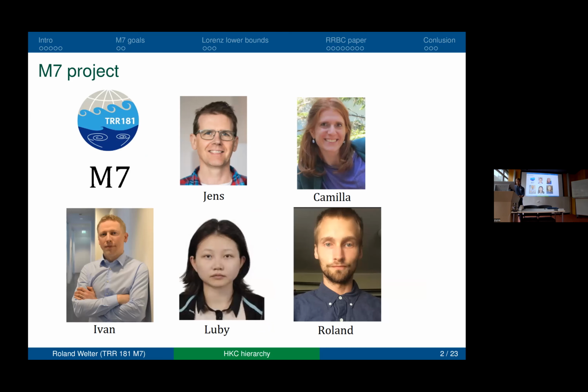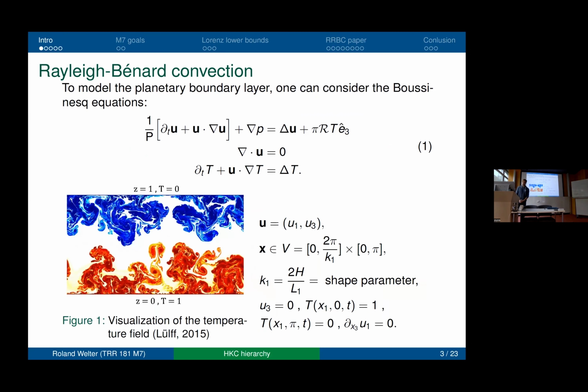And so our group has had as a centerpiece this Rayleigh-Benard convection for our studies. Here we're trying to model the planetary boundary layer, or convection within the planetary boundary layer.